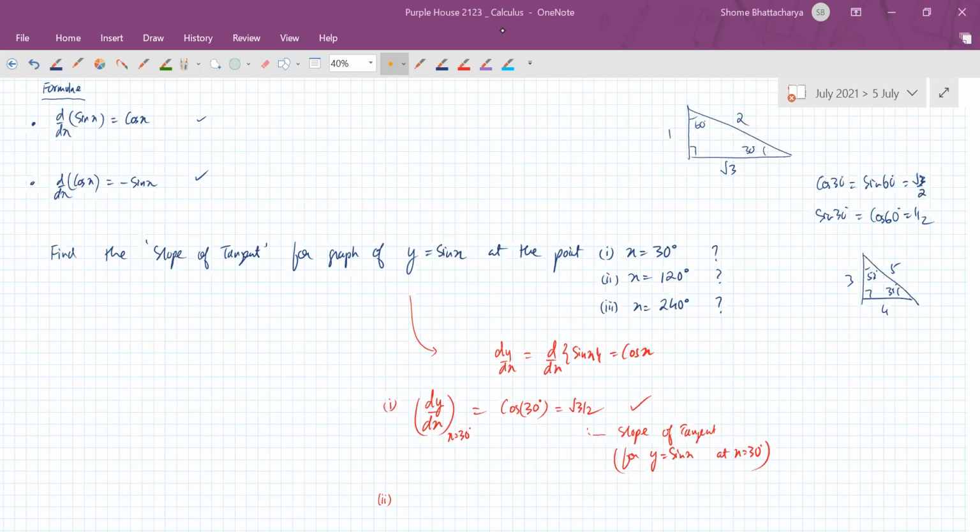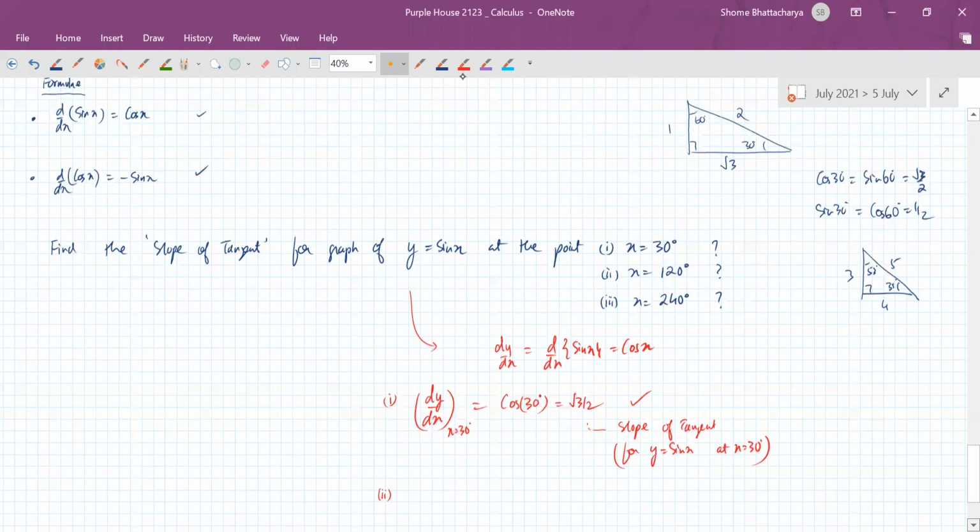More people have sent me the answers. Piyu, Sakshi, correct. Very good. Manav. Okay, so I'm putting up the answers finally. Then we will come to the visualization of this also.